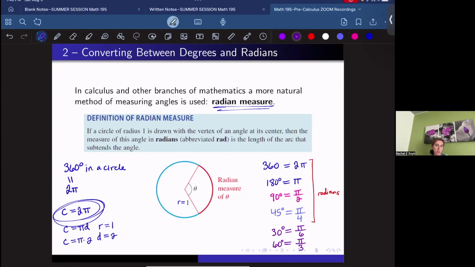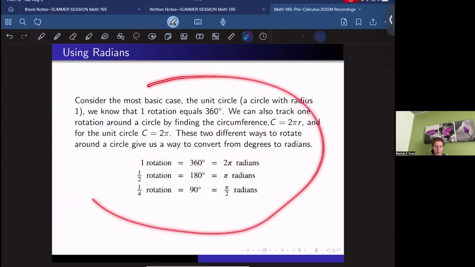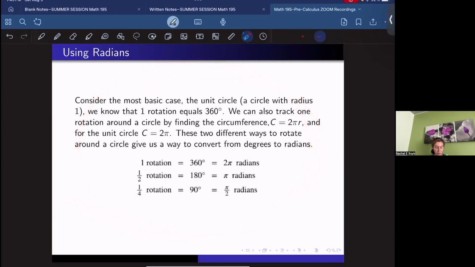I will also teach you the general formula for how to convert from radians to degrees or degrees to radians. I'm guessing they might have a slide on it on the next page. No, this next page was exactly what I was telling you about, with the whole circumference of a circle, and then from there, being able to use your fraction knowledge.